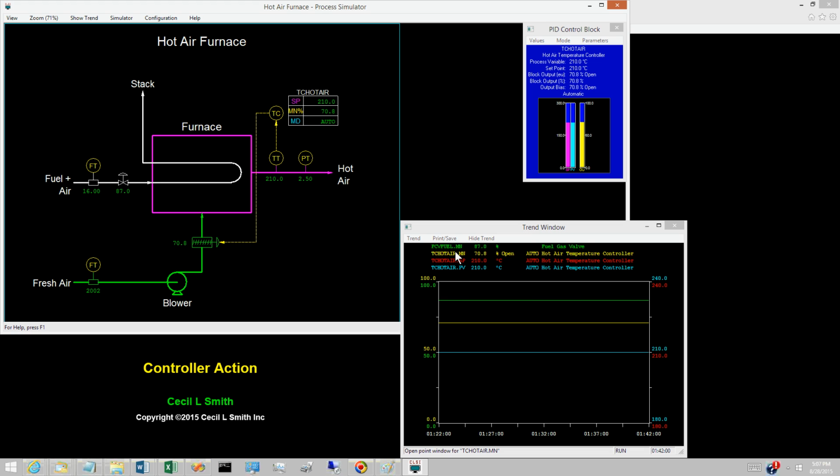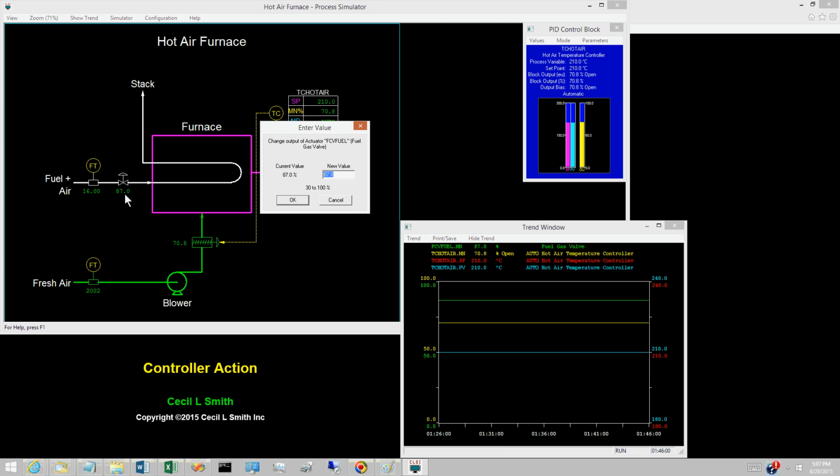Now we need a disturbance. In the real world, loops are continually subjected to small disturbances. On a simulator, we must introduce one. Decrease the fuel valve opening from 87 to 86%.